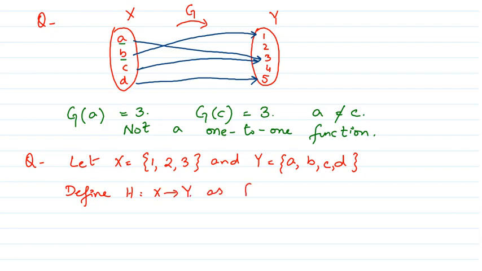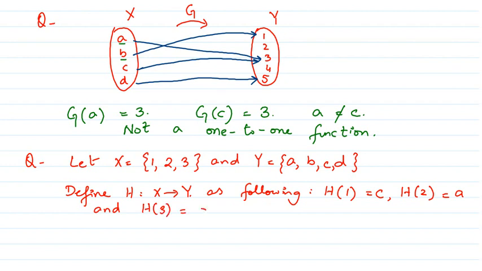We are given the mapping, that is h of 1 is equal to c, h of 2 is equal to a, and h of 3 is equal to d. Okay? So what we have to find is whether h is a one-to-one function or not.